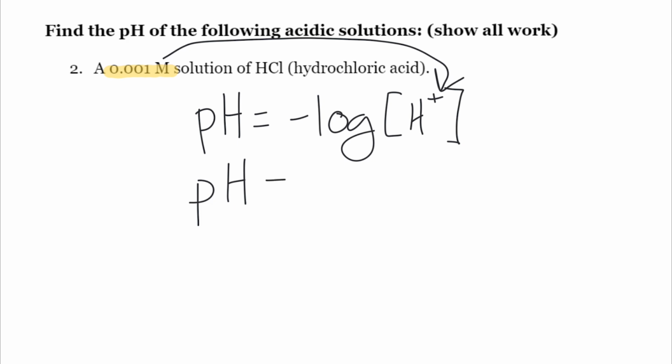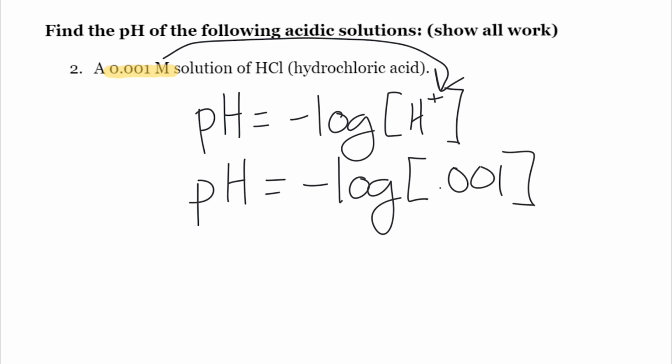So you can write down pH equals negative log of 0.001. And then all you have to do is type that into the calculator. When all is said and done, you should end up with the pH of 3, which makes sense because this is an acid and acids fall in that 0 to 7 range.